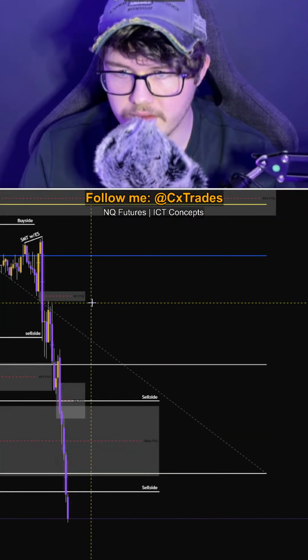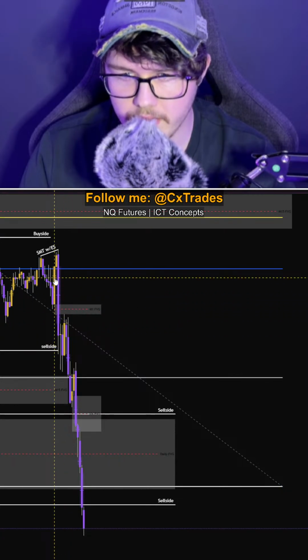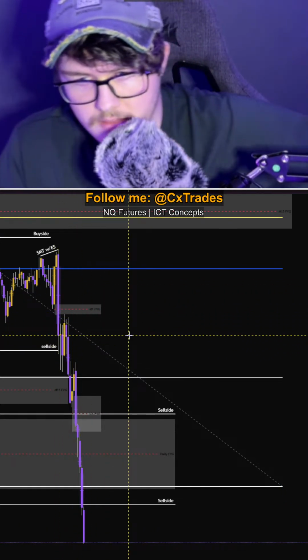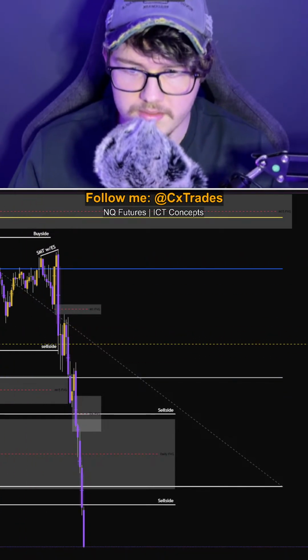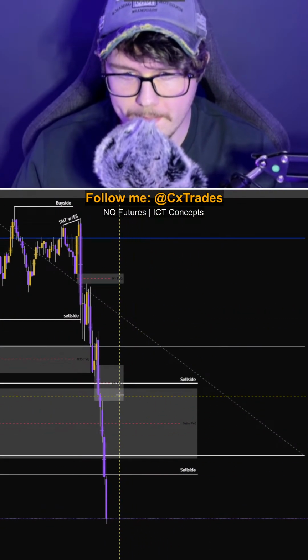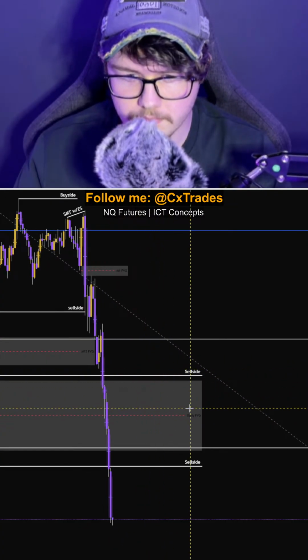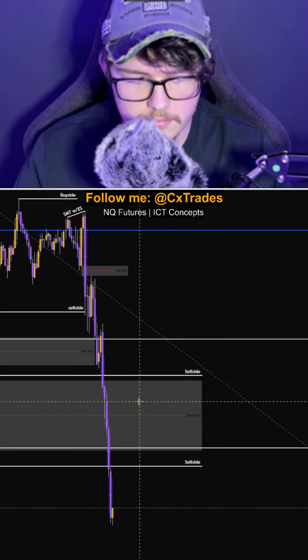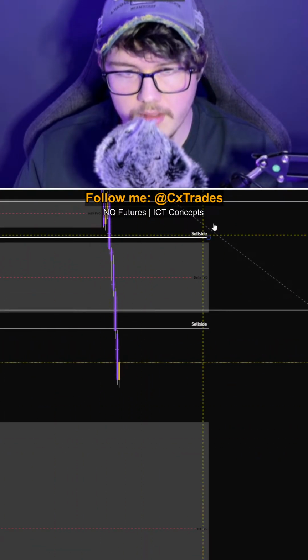But even if we really wanted to short here, you can't really be short in candles like this. This candle swept sell side 3 times. So here's this sell side.